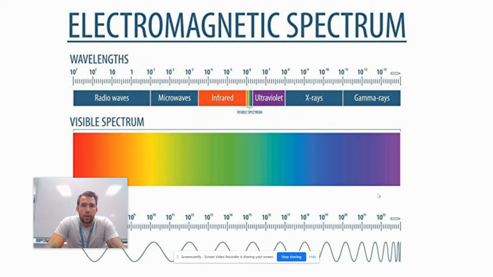And lastly, we're going to talk about the electromagnetic spectrum. Light makes up part of the electromagnetic spectrum. A very small part right here, but it does get included. It's the part of the spectrum that we can see. Below light, at lower frequencies, it's going to be infrared radiation.